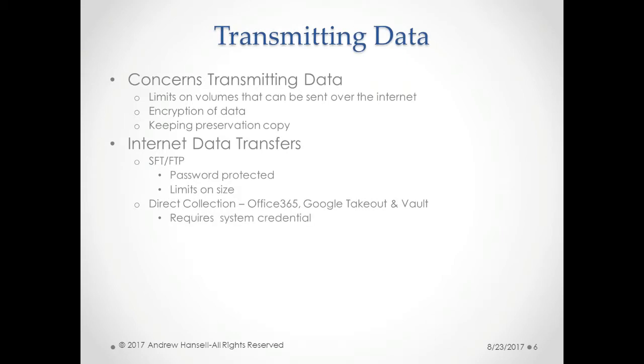One consideration here, though, is these services typically require someone to have a system credential in order to be able to take the data out for processing, and many of your clients may not want to give their law firm or data vendor or other people the system credential that's required to do that, and so the functionality may not be available because they may insist on downloading the data themselves first and then transferring it to you second.